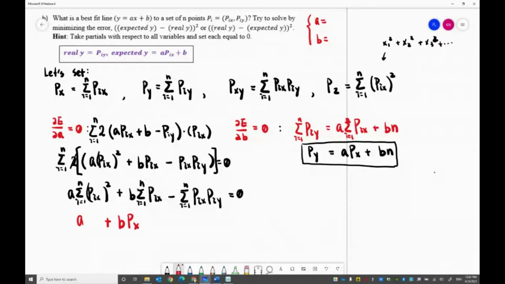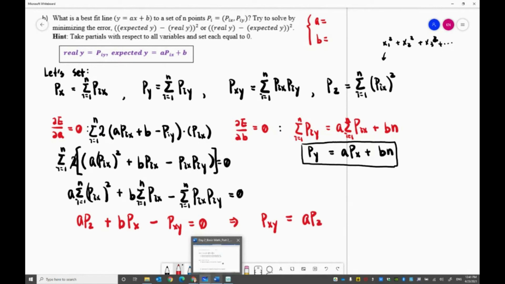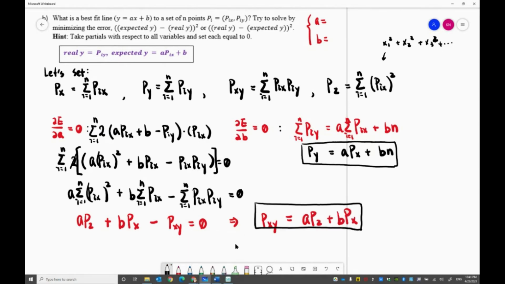Then minus the product sum, p sub xy, equals 0. So I can rewrite this as p sub xy equals a times p sub 2 plus b times p sub x. I have 2 equations here and 2 variables, a and b.